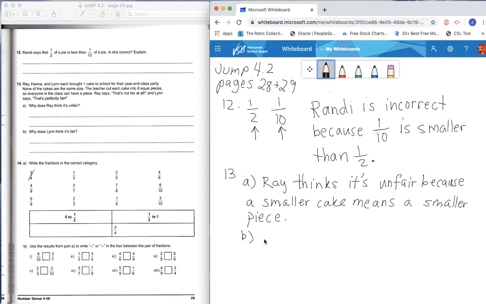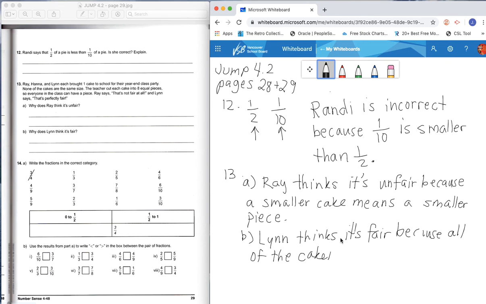B, why does Lynn think it's fair? So Lynn thinks it's fair because all of the cakes will be split into the same number of pieces.